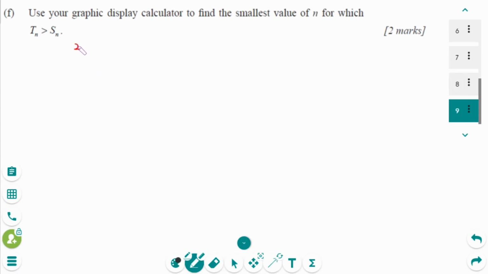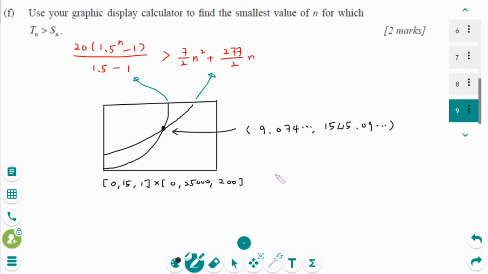Tn is 20 times 1.5 to the power of n minus 1 over 1.5 minus 1 is greater than Sn, which is 7 over 2 n squared plus 277 over 2 n. Use your calculator. N is greater than 9.074, so n equals 10.